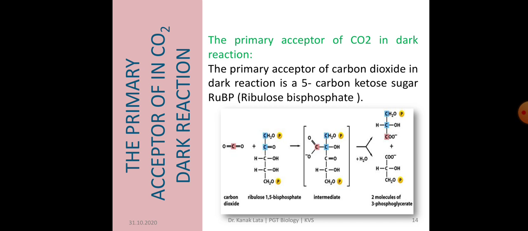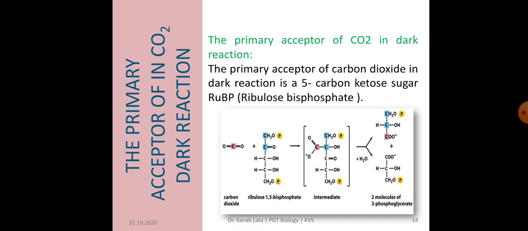Now let us see which is the primary acceptor of carbon dioxide in dark reaction. The primary acceptor of carbon dioxide in dark reaction is a 5-carbon ketose sugar, that is ribulose bisphosphate, RuBP.